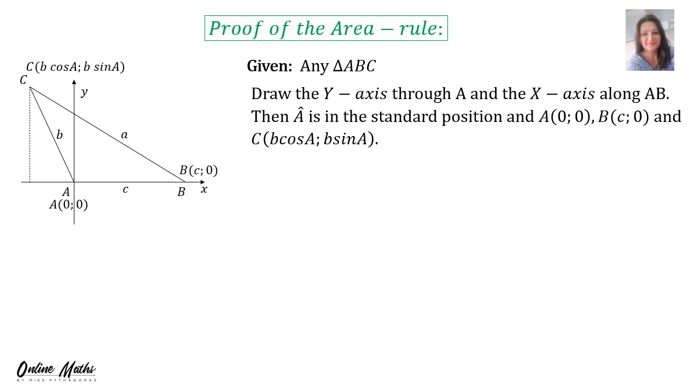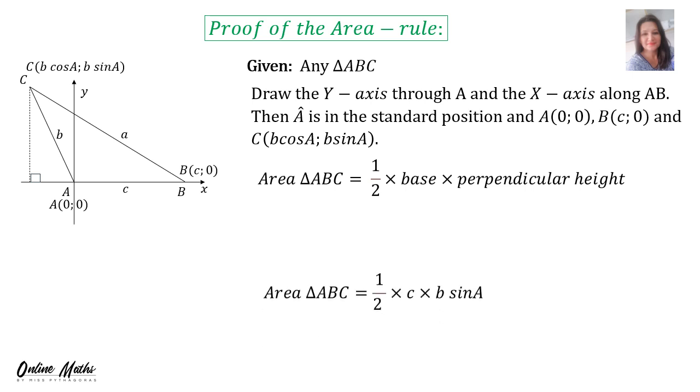Then you also have to drop your altitude for that triangle. Now we can start with the area rule. We start by saying the area of a triangle ABC is equal to half times the base times the perpendicular height.